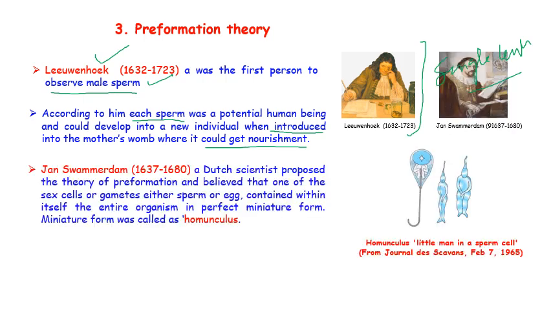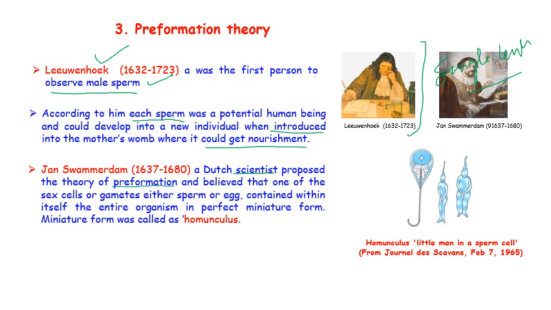Now, based on these observations of Leeuwenhoek, Jan Swammerdam, a Dutch scientist, proposed the theory of pre-formation.